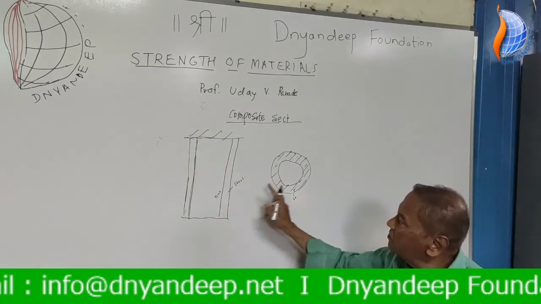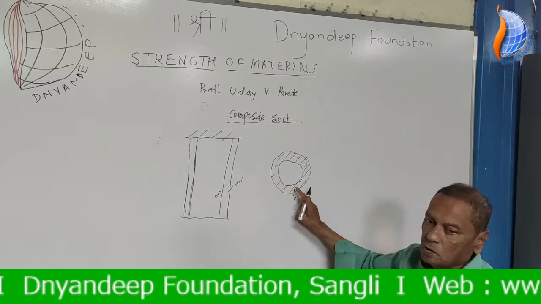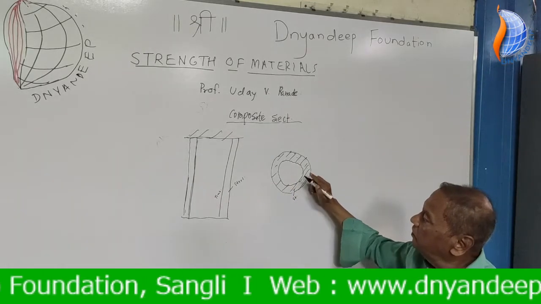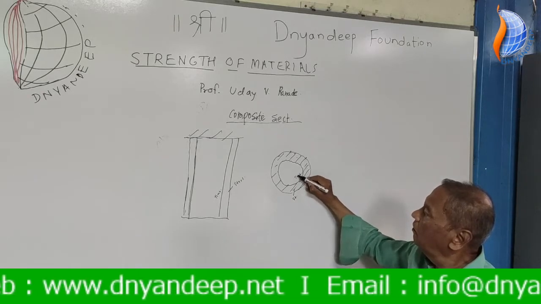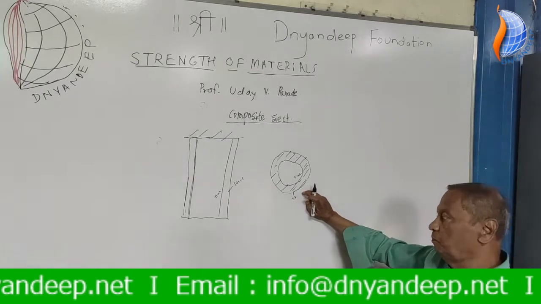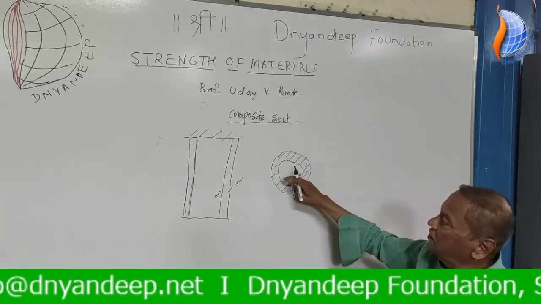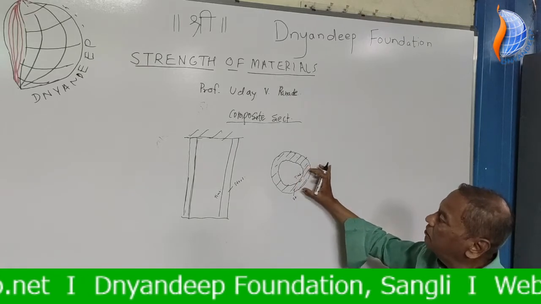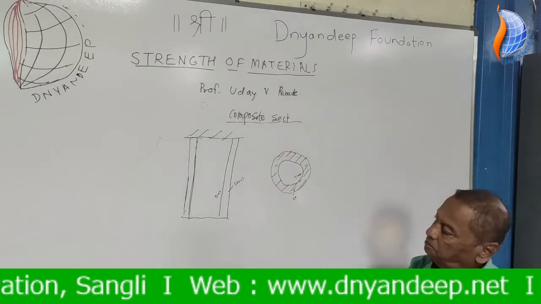The cross section of timber is a circle, and the cross section of steel is a hollow circular cross section, that is, one circle inside a circle, and the diameter of the inside circle is the diameter of the timber.